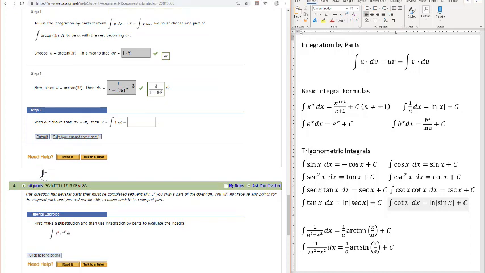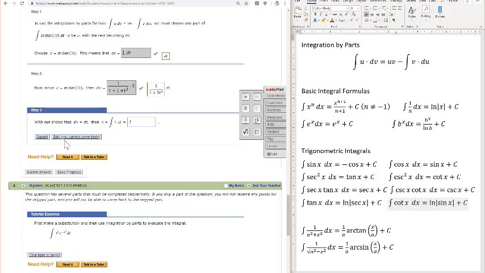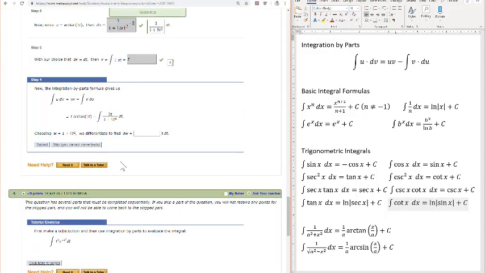Okay, our dv is equal to dt, so to find v you need to take the integral of that, and the integral of 1 dt is just going to be t. So now that we know that, we're going to put it together.